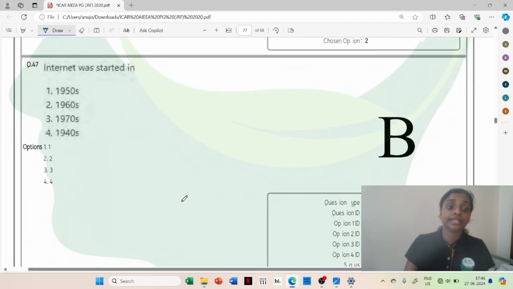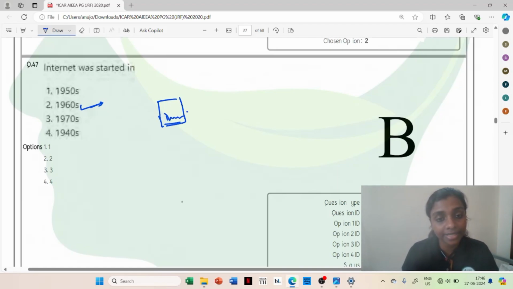Next question, internet was started in. Actually, we can tell that in the 1960s the internet came into existence at the initial stage. Initially there were very large and immobile computers. To transfer data from one computer to another, you had to transfer it physically, because it is very large and immobile.